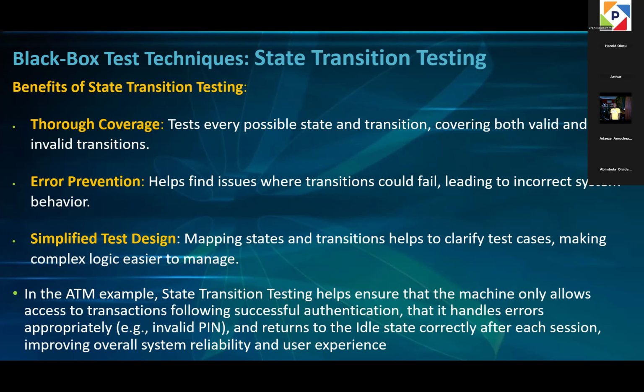Do you understand? Especially when you are dealing with a banking application, and you are meant to test it, you are meant to write your test cases. One good testing technique you would use is state transition testing.